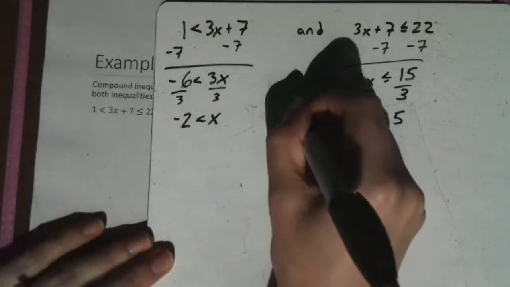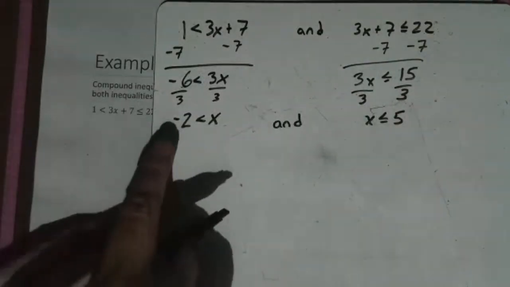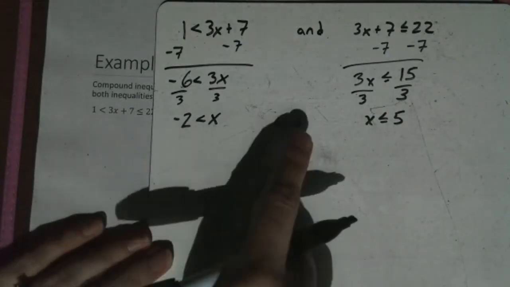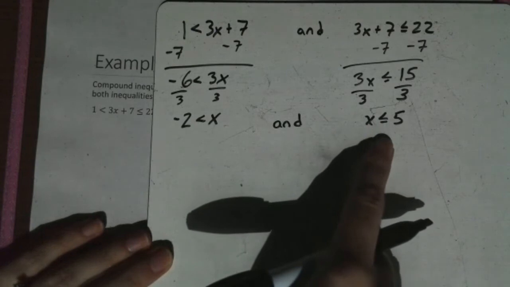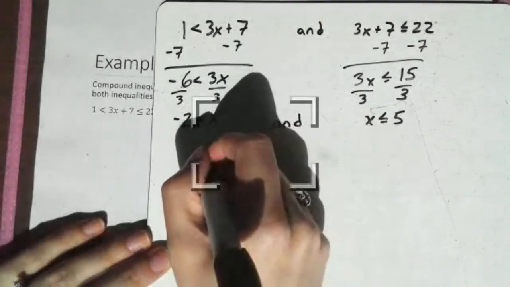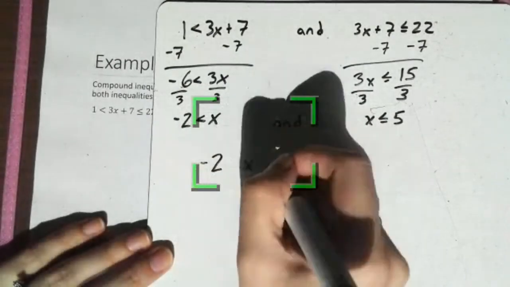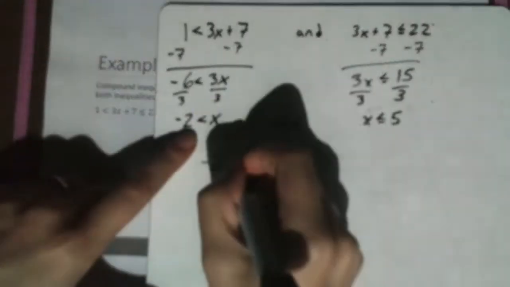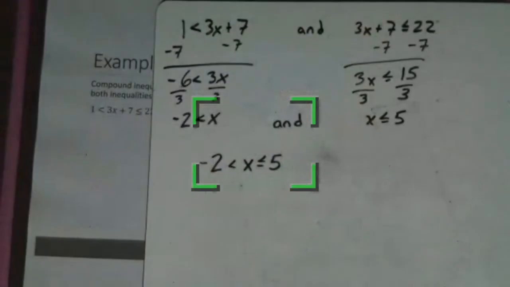There's an and between here. So we need -2 to be less than x, and we need x to be less than or equal to 5. If I put these in order from smallest to largest, that's going to be -2, then x, then 5. We know -2 is less than x. We know x is less than or equal to 5.